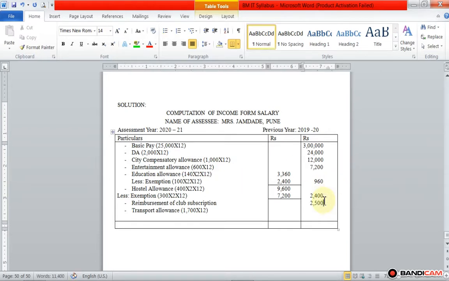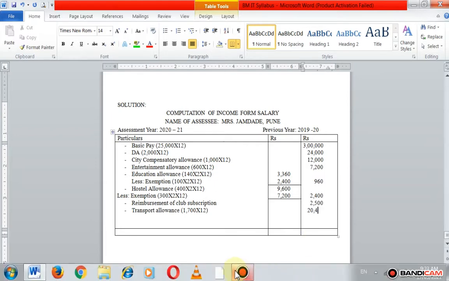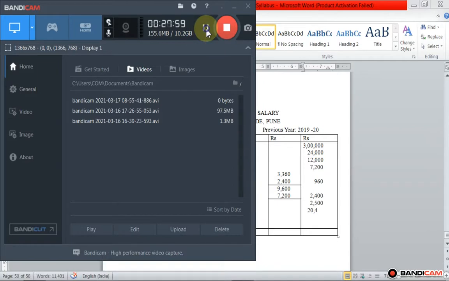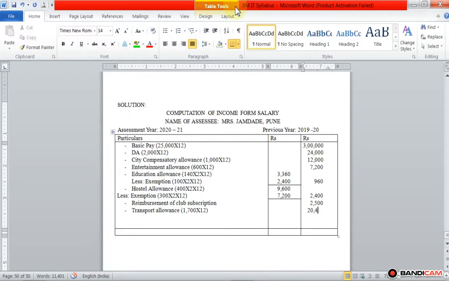So the whole amount of transport allowance is taxable, amounted to rupees 20,400. So transport allowance is fully taxable, amounted to rupees 20,400.